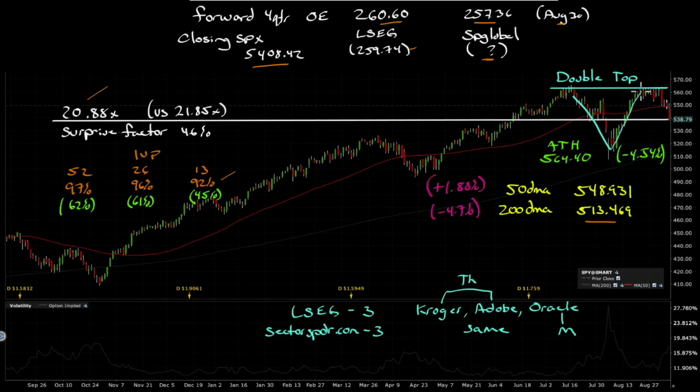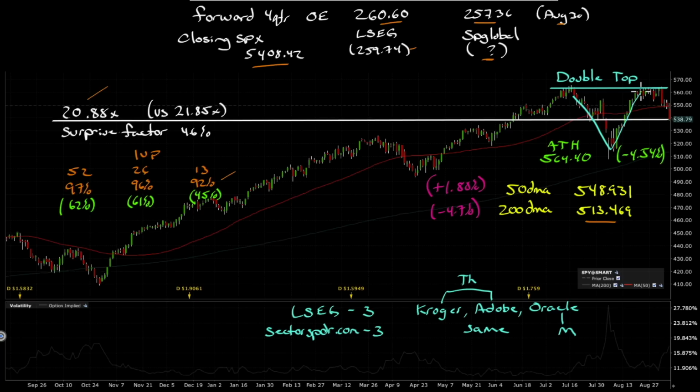I said I felt we were at a fundamental top, if not a psychological top, and a psychological top would mean that the market thinks it should trade at more than 22 times forward earnings, maybe 23 and 24. So you could have still gone up, but we did not.